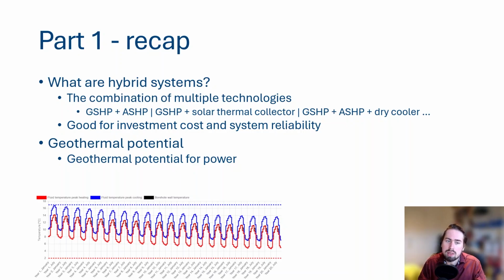And that's why hybrid systems can be good for the investment cost of bigger systems. And it's also good for reliability because you're not focusing on one technology alone. Since you have different technologies, if one of them fails, you still have other technologies to heat and cool your building. So that was the first thing we discussed last week.